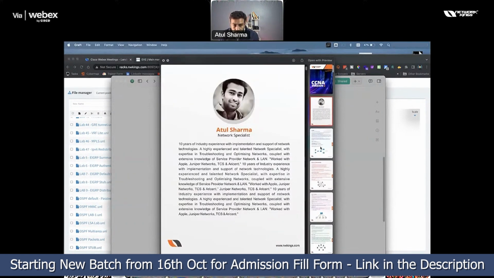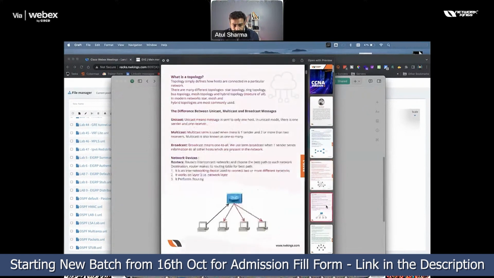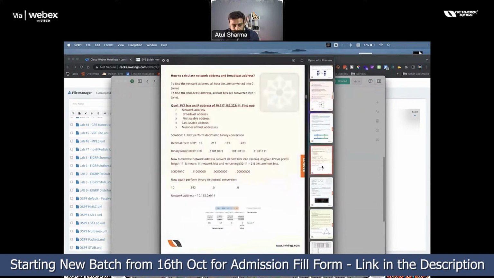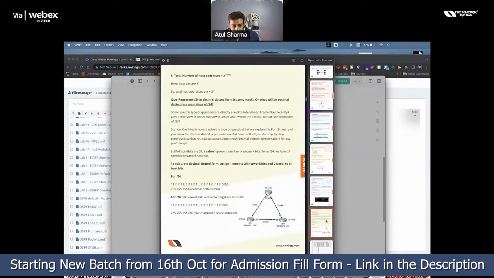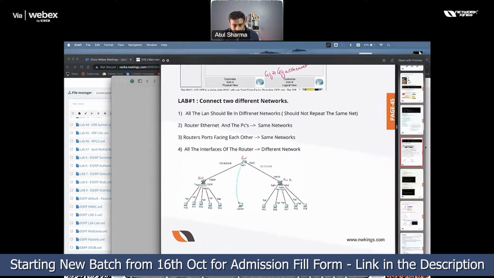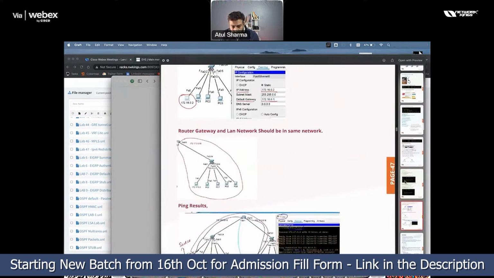This book is already written by us, Networkings. From the beginning you can see it is a colorful book, so that you never get bored. On every page you will see interesting topics, like how to configure a router, how to configure a switch. All these things will be shared with you, and you can take a printout of these books also.